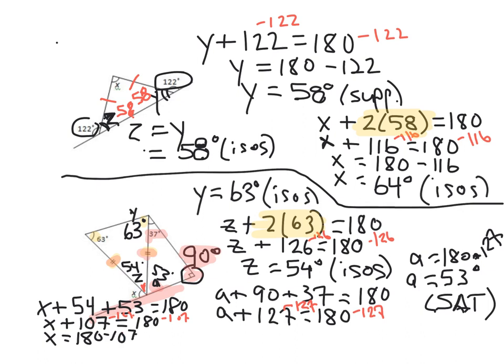So x is going to equal 73 degrees. That was my straight line relationship, nothing to do with triangles. So now we go back. Okay, we're almost there, guys.